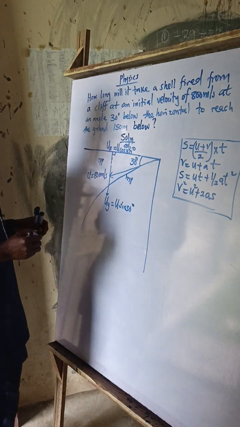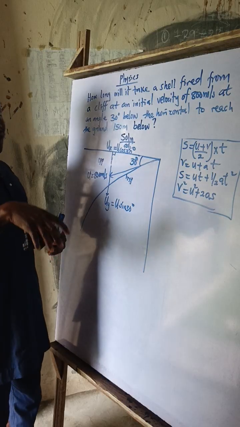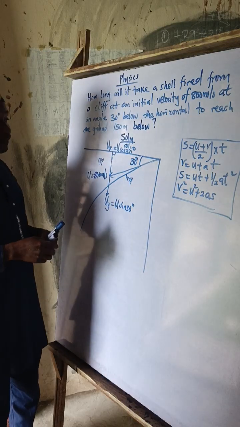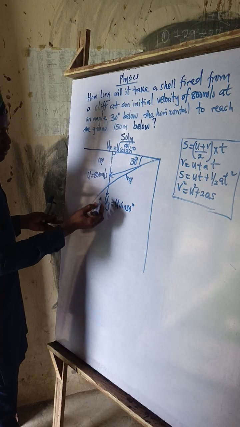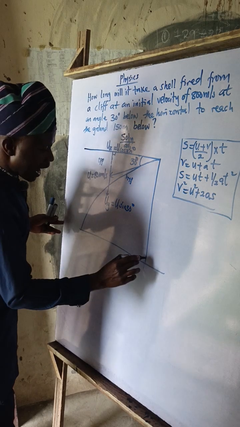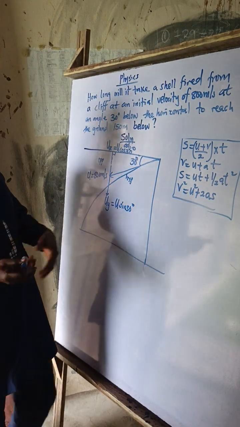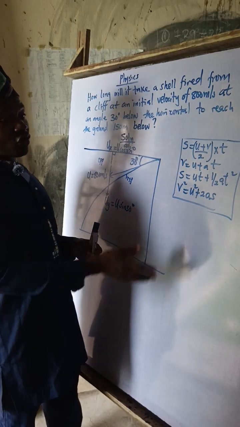Now, because we are dealing with projectile motion, we are dealing with vertical motion, but downward motion. So we are going to consider the vertical component of the velocity, which is u_y, to be u sine 30 degrees. But Sir Isaac Newton gave us 4 formulas in equations of motion, that is on horizontal motion.